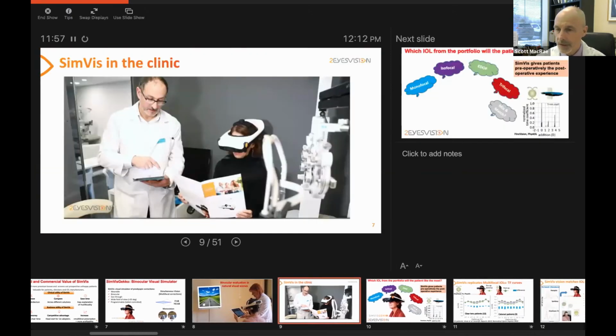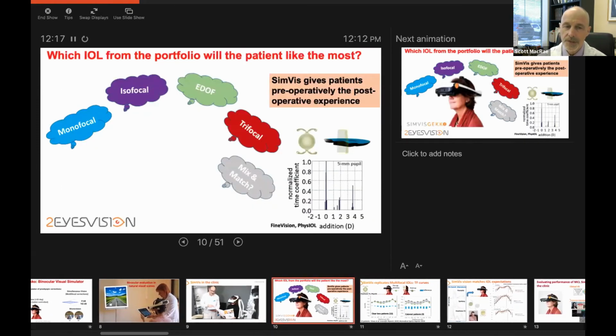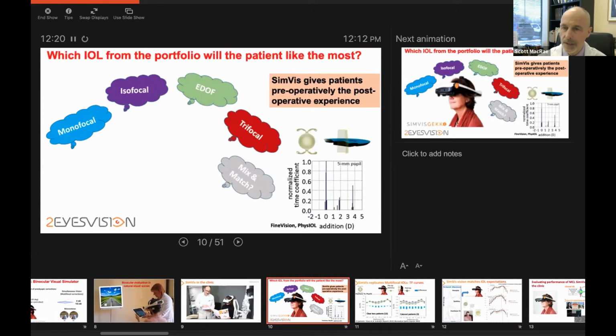In addition, you can document their visual performance, and Dr. Susanna Marcos and her group have developed a scaling system so that you can actually document how successful they are with distance and near vision, what their level of satisfaction is with each different type of multifocal. So with this, you can demonstrate a monofocal lens, an EDOF lens, a trifocal. You can do mix and match, as I mentioned before. SimVis gives patients preoperatively what they would experience postoperatively if they decided to try multifocality.